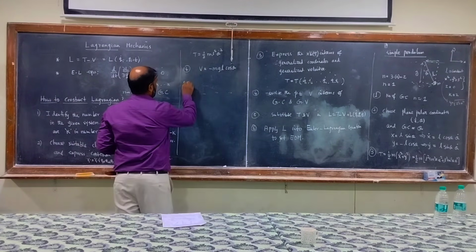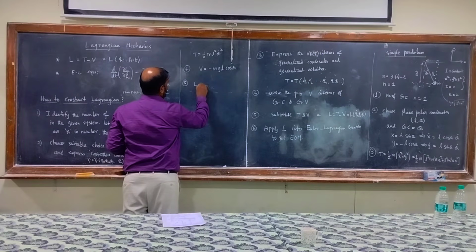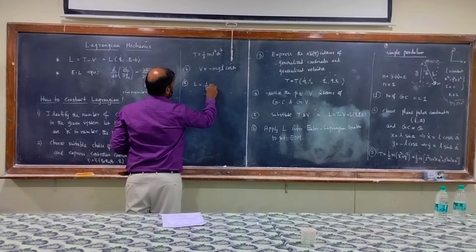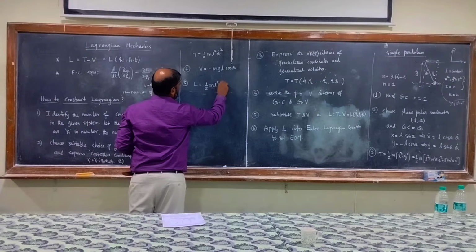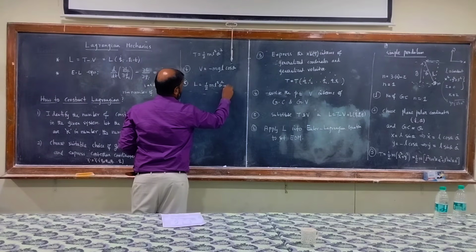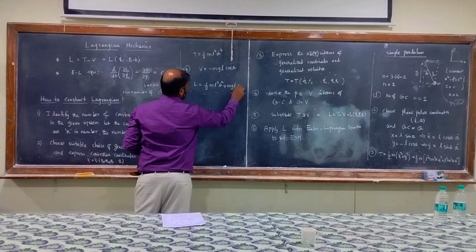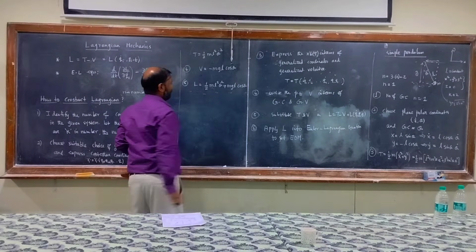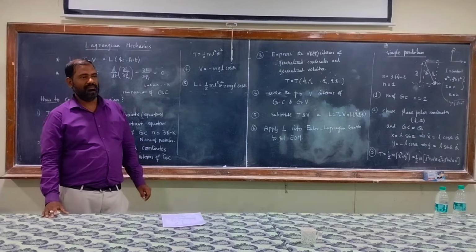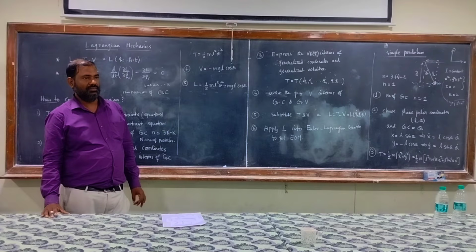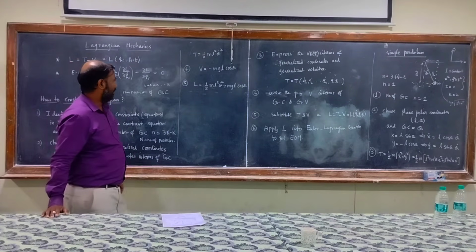Then the last step: the Lagrangian L is equal to 1 by 2 m L square theta dot square plus mgL cos theta.